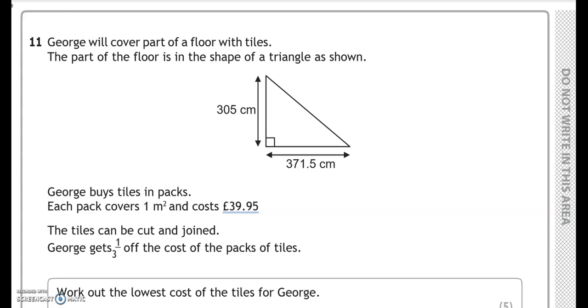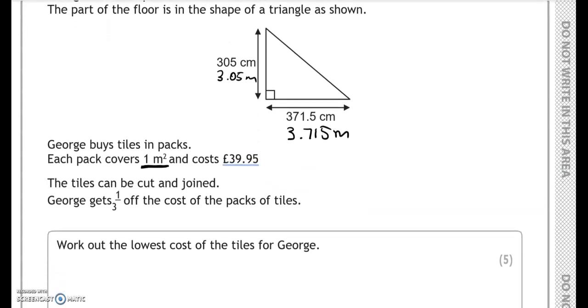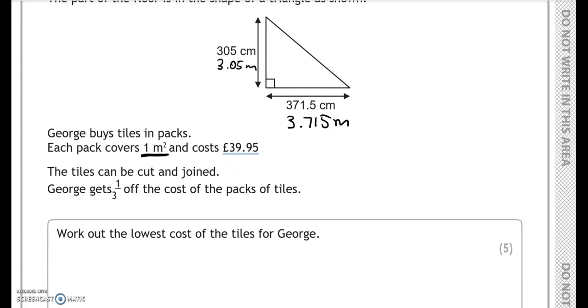And as we are given the cost per square metre, I'm going to convert the dimensions into metres first. So 371.5 centimetres, that is 3.715 metres, and 305 centimetres, that is 3.05 metres. So I'm going to use those dimensions to work out the area.